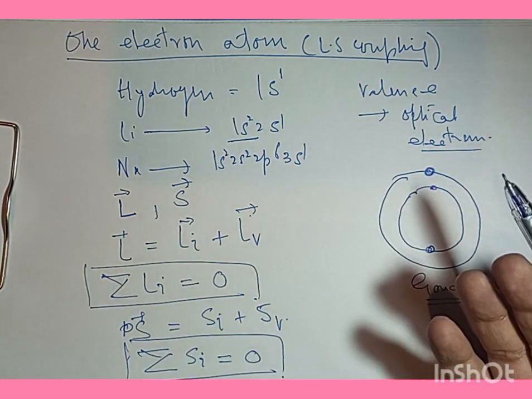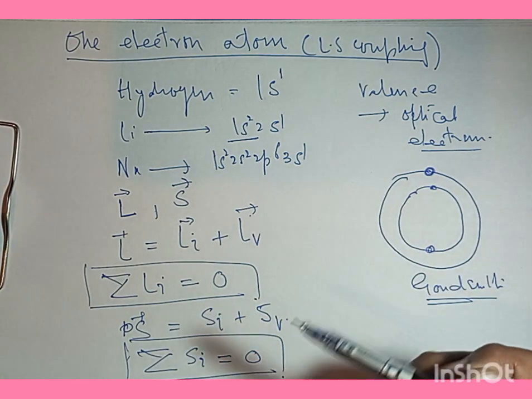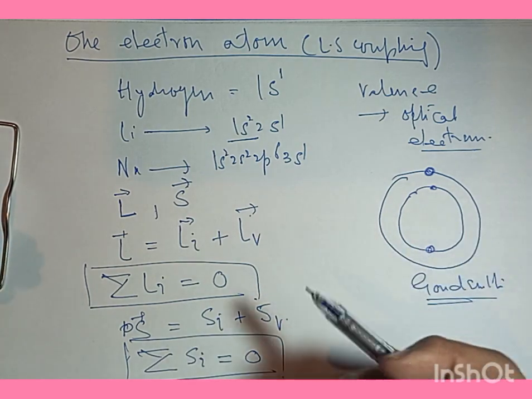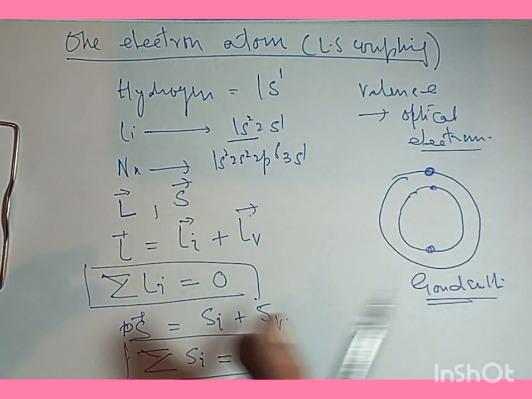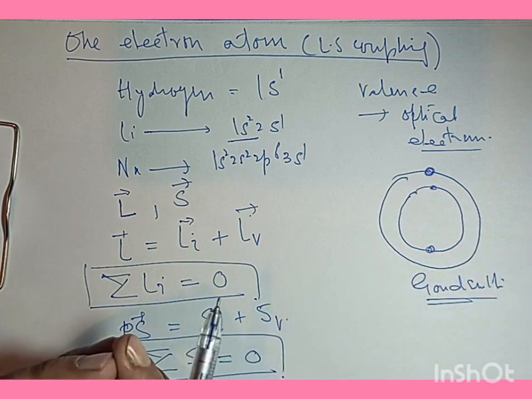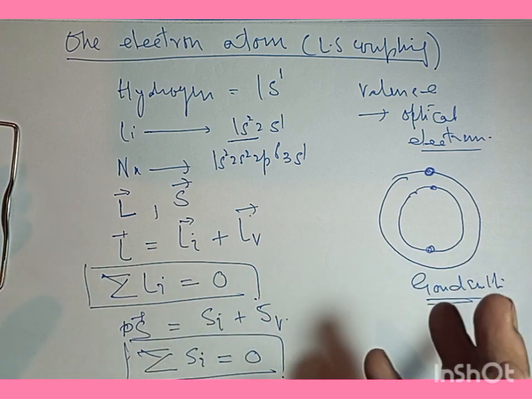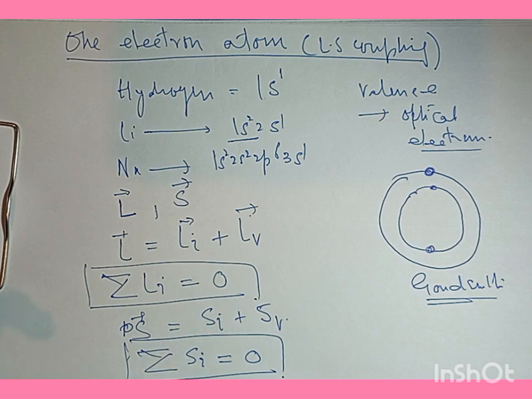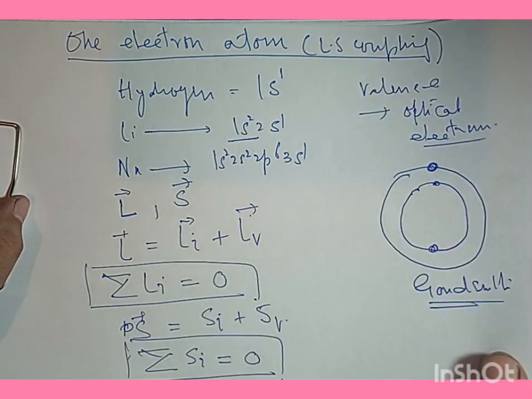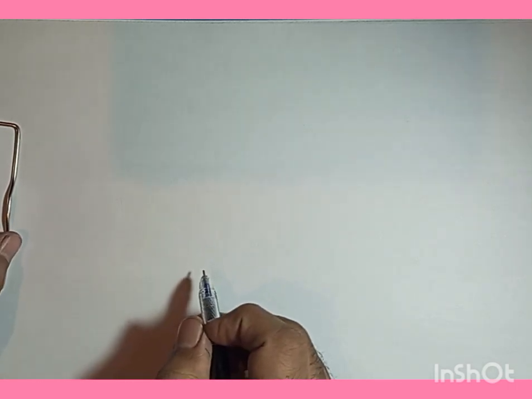If I say the total angular momentum of the optical electron, it automatically means the total angular momentum of the atom itself, because the orbital and spin angular momenta of the electrons in the closed shells where the octet rule is complete add up to 0 vectorially. So this is the case.